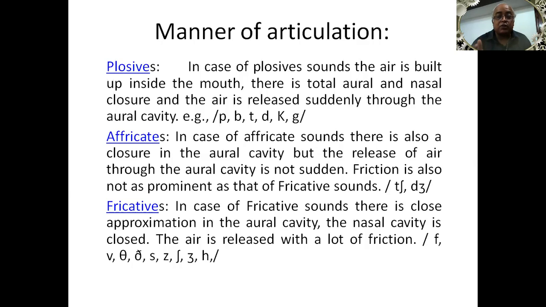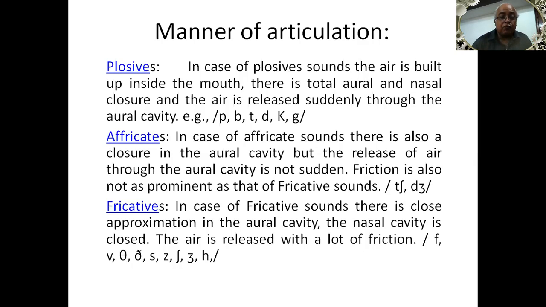In this case, actually, it's the oral cavity. Nasals are treated slightly differently again. So, initially, the air is built up inside the mouth. There's a total closure, and then there's a sudden release. So, sounds like p, b, t, d, k, and g.